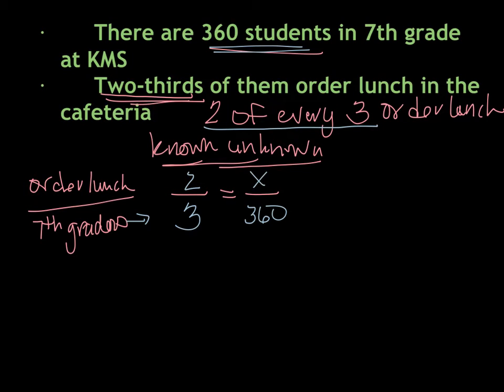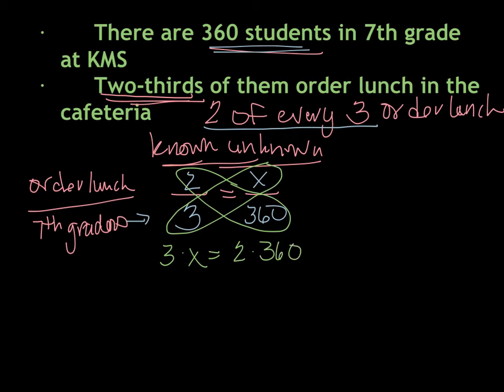Okay, and now we know we need to cross multiply. As always, the process is always the same. We've got 3 times X equals 2 times 360. 3X equals 2 times 360. Again, I always use my calculator, even though this is a relatively simple one. So 3x equals 720. I know that I'm going to divide both of these by 3.